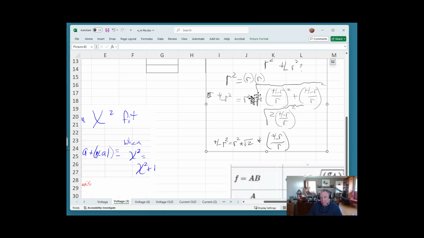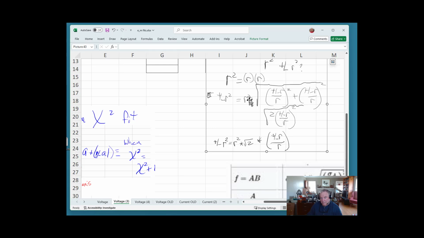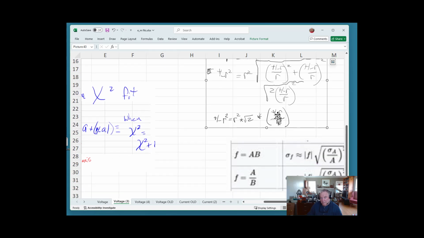Remember, resist the temptation to cancel r's. So basically, it's 2 times this plus minus r over r squared. And when we take the square root, and remember the r squared's out front, so instead of just simply being the fractional error here, it's square root of 2 times that fractional error.